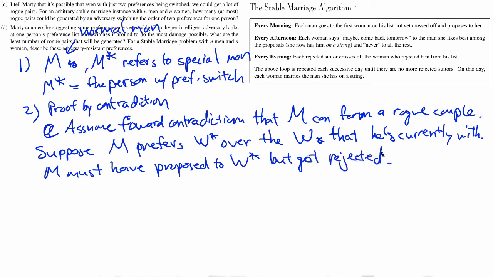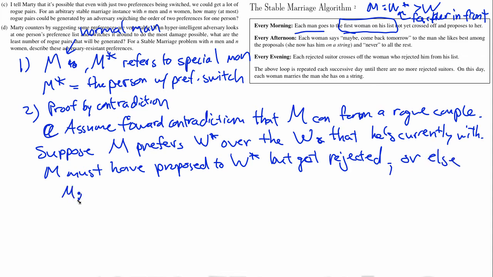Well, each man goes off to the first woman on his list, and if for M, W star is more preferred than W, then W star is farther in front of the list. This is the same notation I used for the previous parts of this problem. So M must have proposed to W star because nowhere in this algorithm does it say that the man goes out of order. Or else, of course, M and W star would have been paired together.